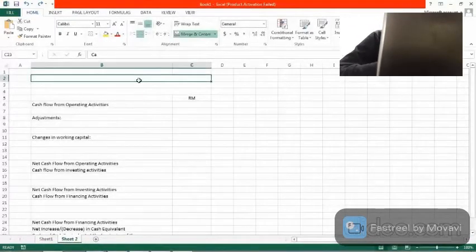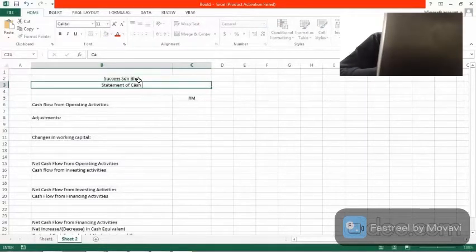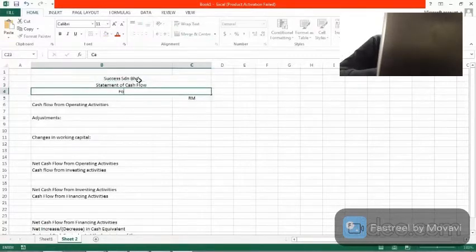So here, let's write the company's name and title first. Statement of cash flow for the year ended 31st December 2021.